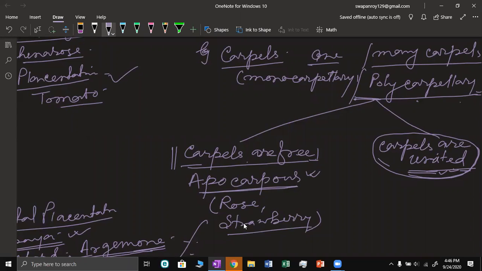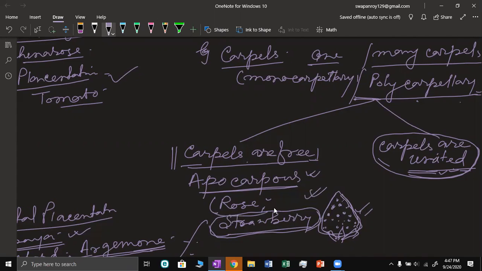In a strawberry, when you eat, that is actually the thalamus we are eating, and within the strawberry you can see there are dot-like structures. These dots are actually the ovary, the carpel, so seeds are there. Actual fruits are here in each one. But we are eating the fleshy thalamus, the receptacle of the flower. So these are apocarpous.